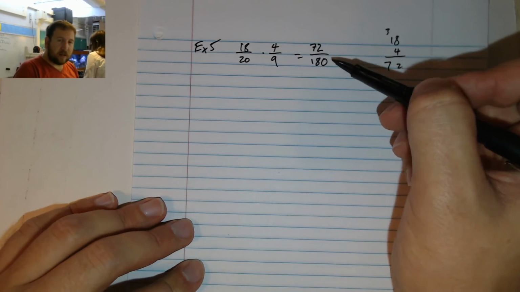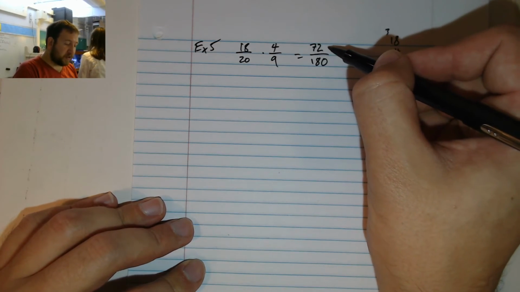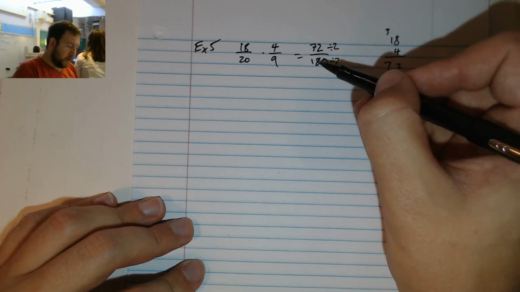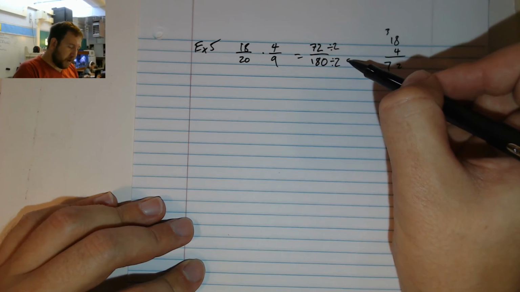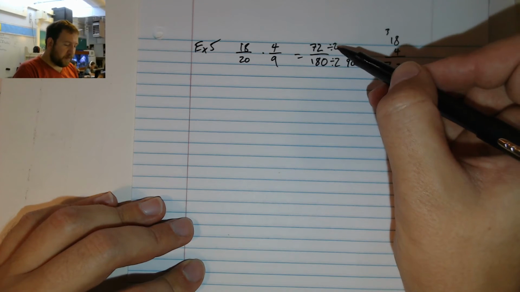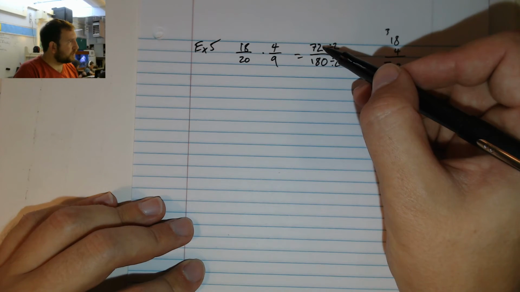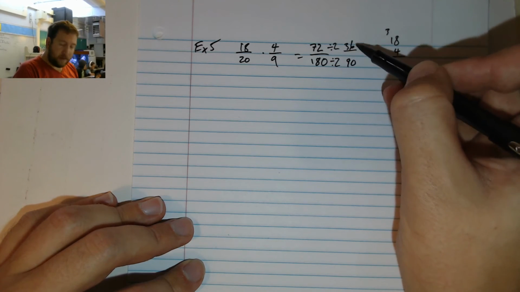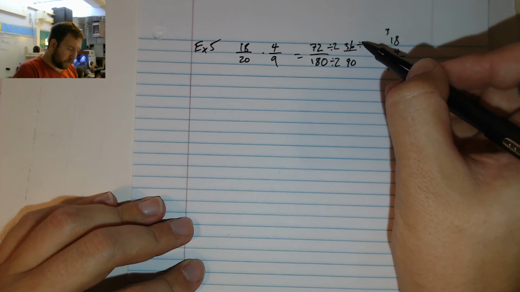Now I know that's not simplified because I can certainly at least divide by 2. If I divide my bottom by 2, I've got 90. 72 divided by 2 is 36, I think. Yep. Again, I can divide by 2.